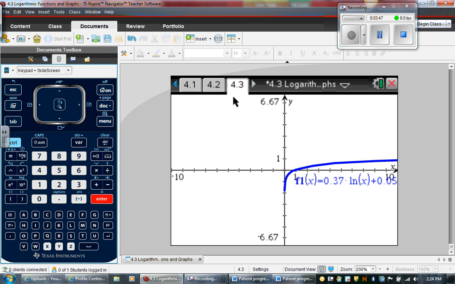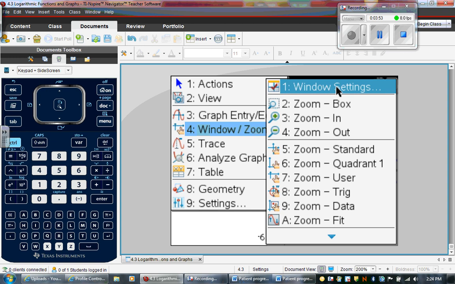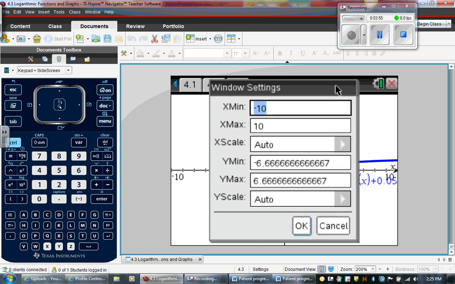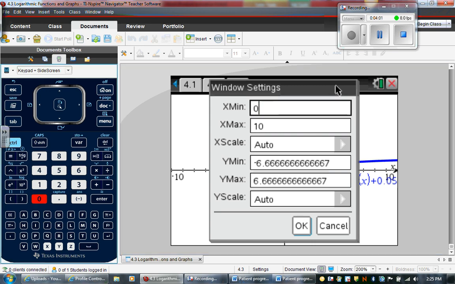And if we want to adjust the window so that it's more appropriate looking, we can absolutely do that. Menu, window settings. We really don't need negative time. If the x-axis is our time in seconds, we're not going to deal with negative time. So we're going to start our x minimum at 0. Our x maximum, let's say we go to 600.